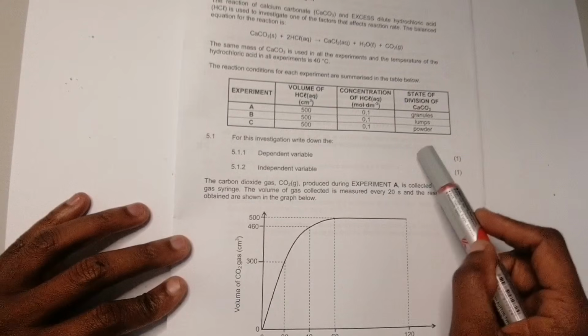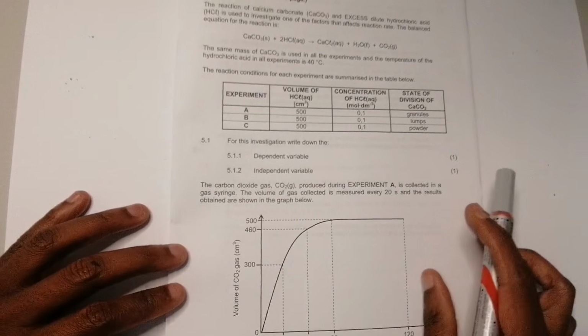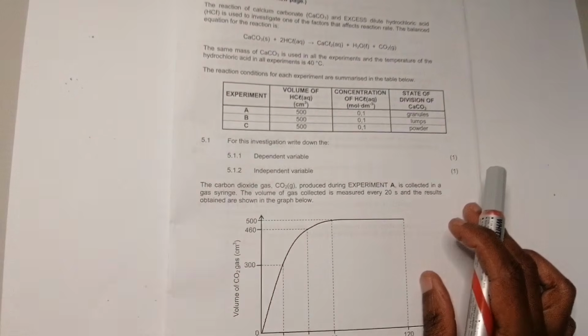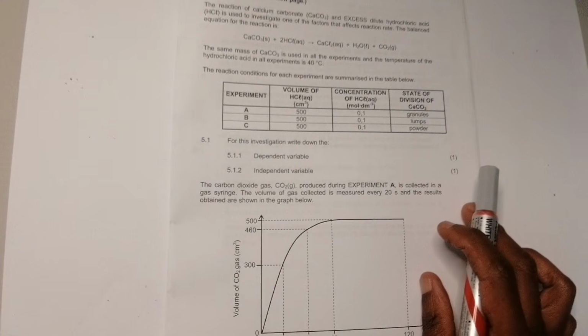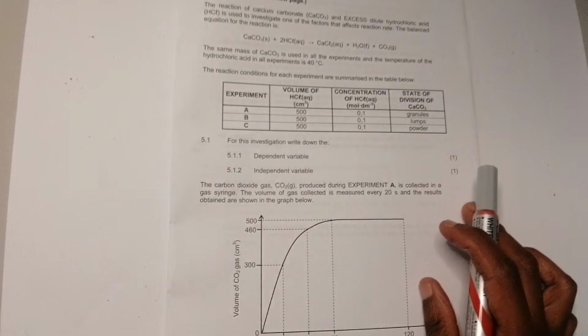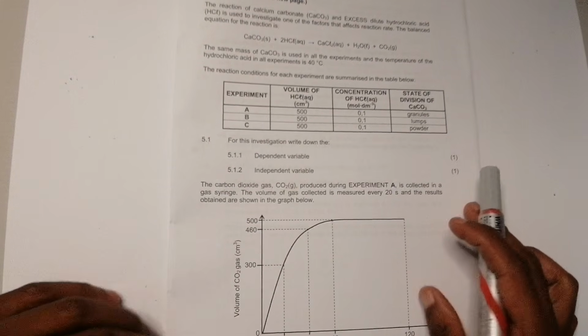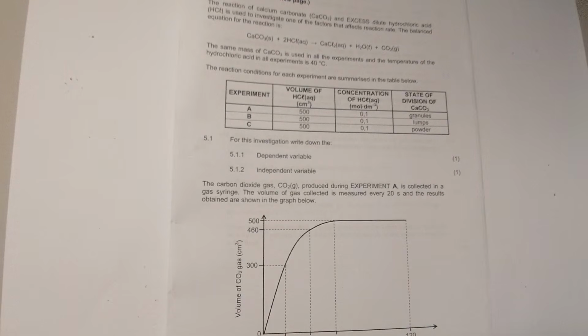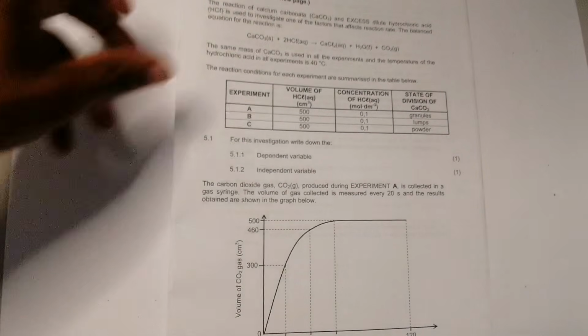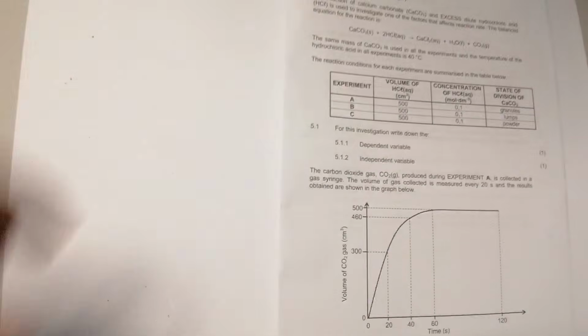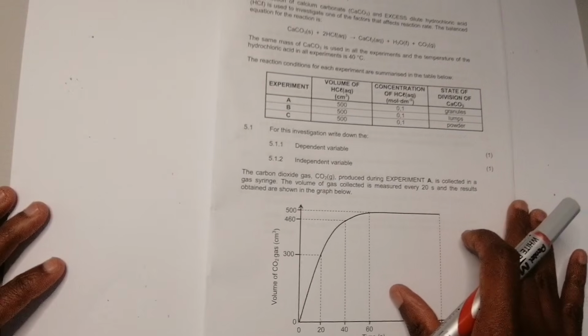So what is that going to affect? It's going to affect the rate of reaction. The dependent variable, as I said to you, will always be the rate of reaction. The independent variable, in this case, will be the state of division of calcium carbonate. Hope you've got that in the bag.